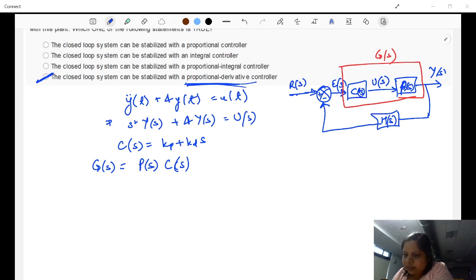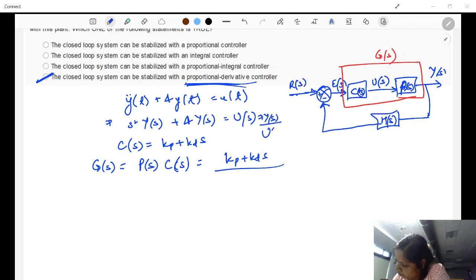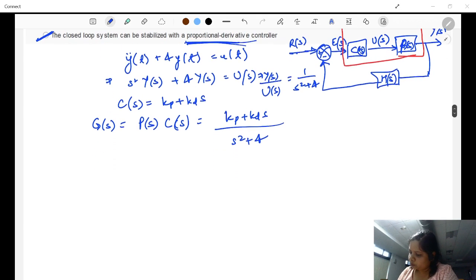Okay. Once you get this, what can we write? Kp plus Kds upon. From here you had Ys upon Us to be 1 upon s square plus 4. So here you would get s square plus 4.